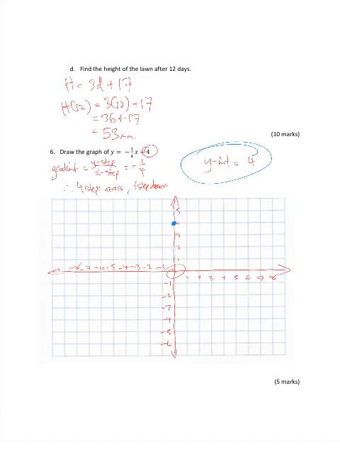And then based on the gradient, you go 4 steps across, 1, 2, 3, 4, and 1 step down. So that's going to be the second point. So then your line is going to go across 4 and 1 down each time. Across 4, down 1, across 4.